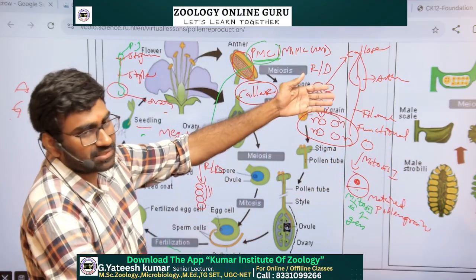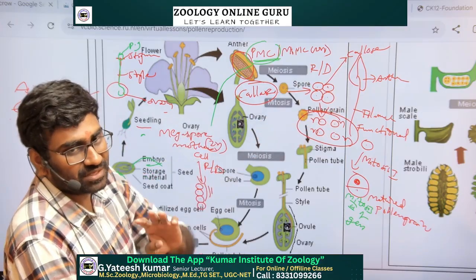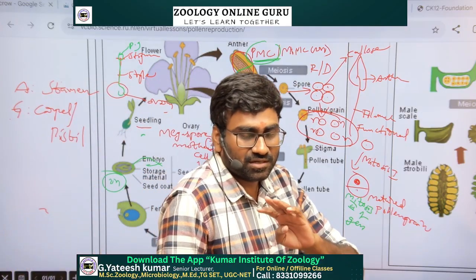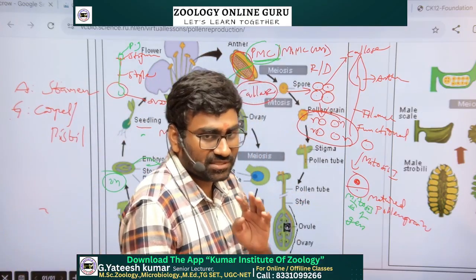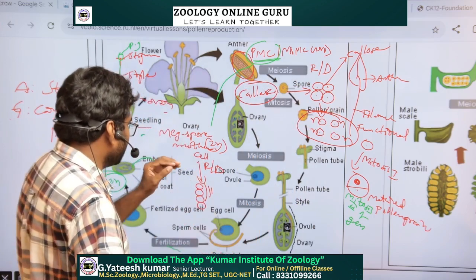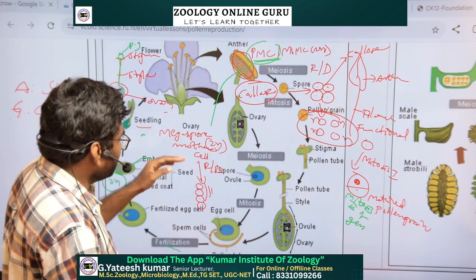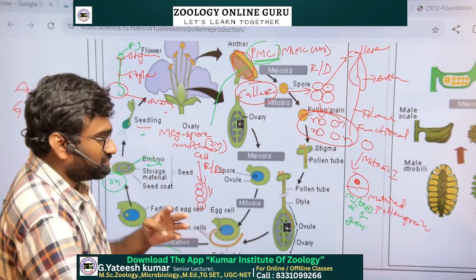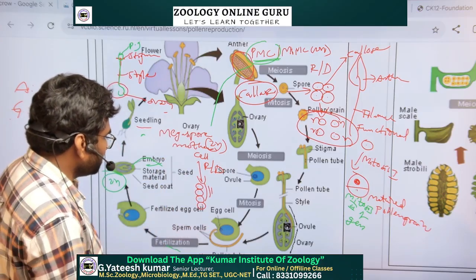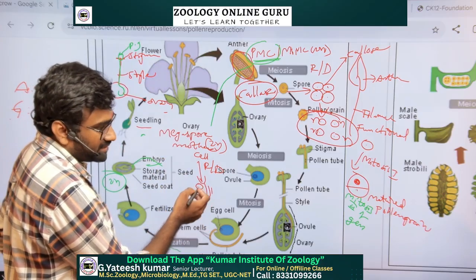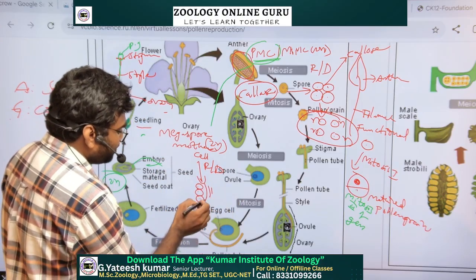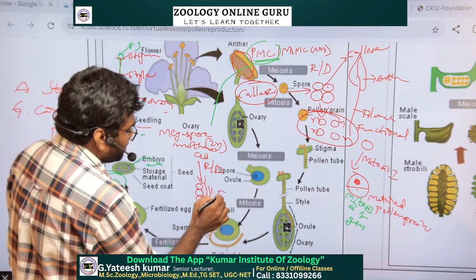The pollen mother cell produces 4 pollen grains, and all the pollen grains are functional. But the megaspore mother cell produces 4 megaspores, out of which 3 cells degenerate. Only one is the functional megaspore.